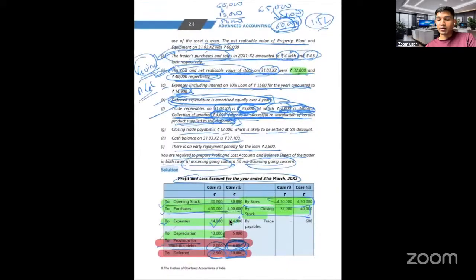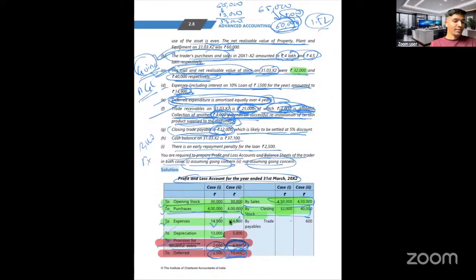Okay. Now, closing trade payables is 12,000, which is likely to be settled at 5%.